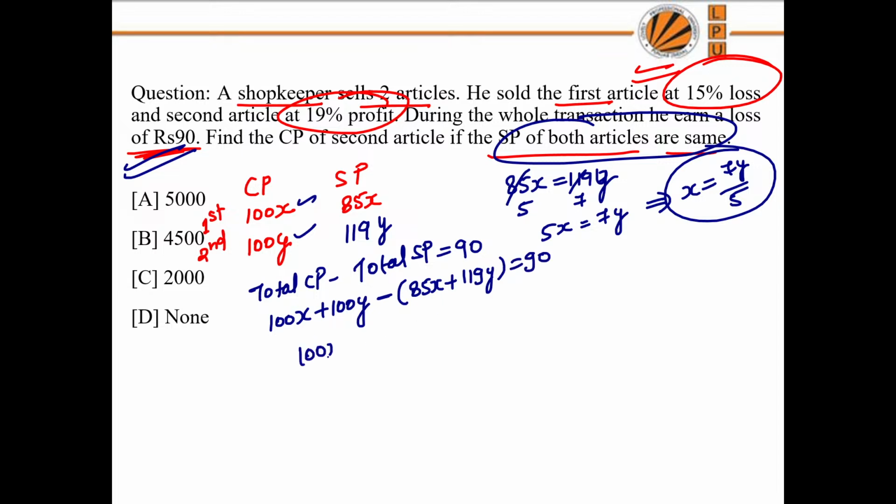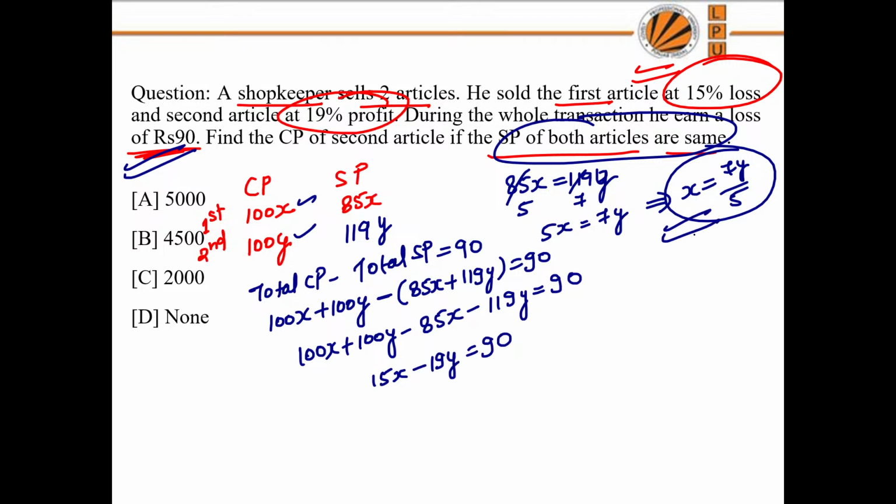So 100x plus 100y minus 85x minus 119y will be equal to 90. So from here 15x minus 19y is equal to 90.